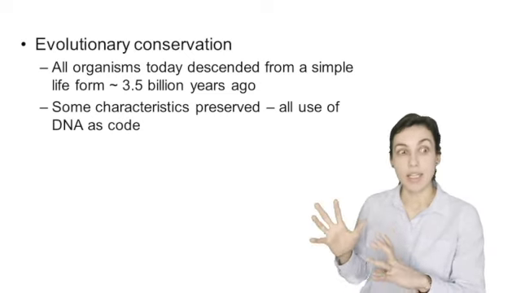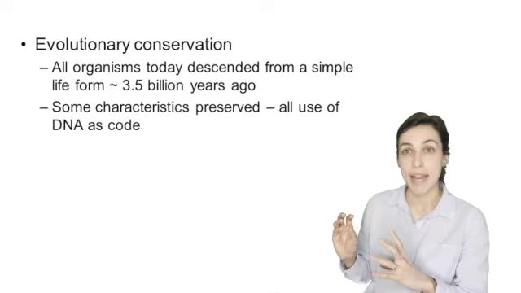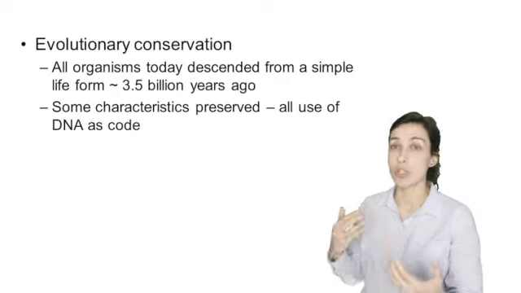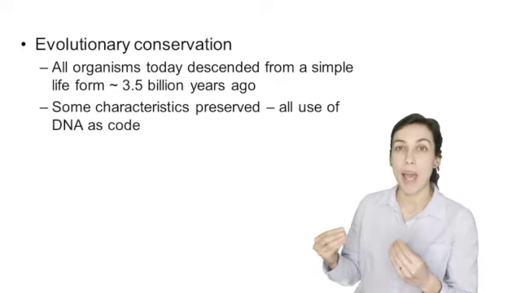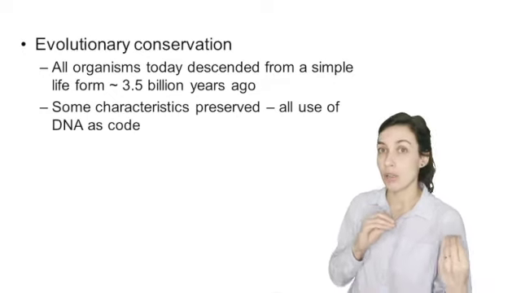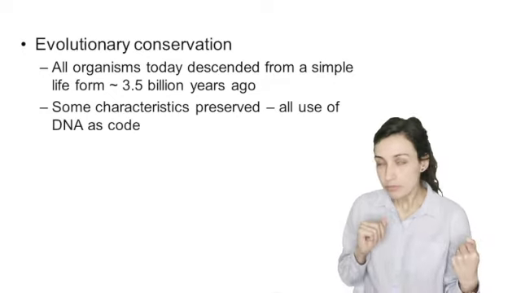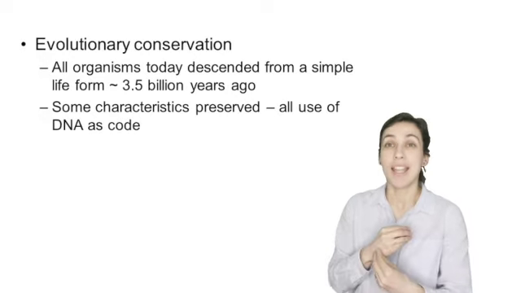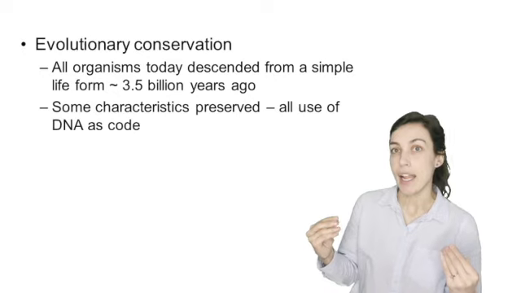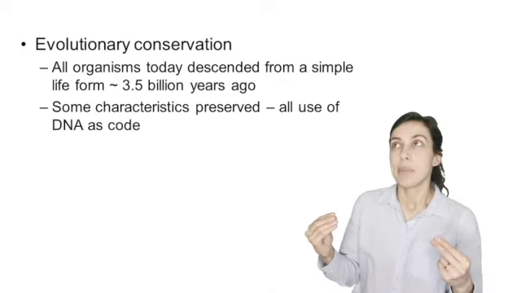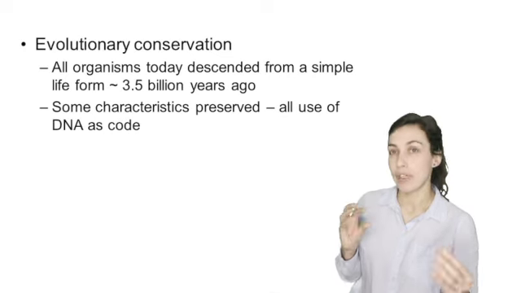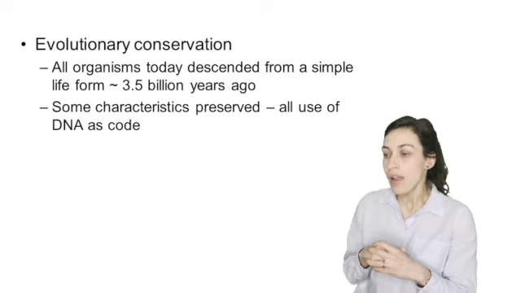All living things today use a molecule called DNA to store information about that organism in each cell. This is something we talk about a lot more later in this course. But the fact that every single living thing in the world uses DNA as a code supports the theory that all life came from a single source.